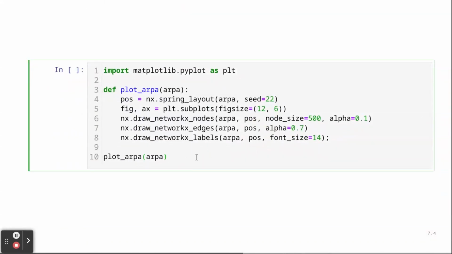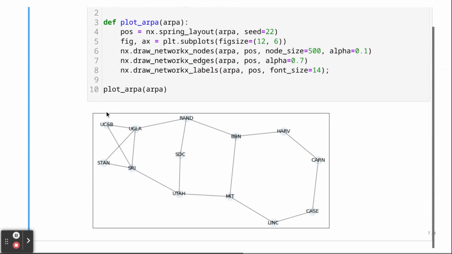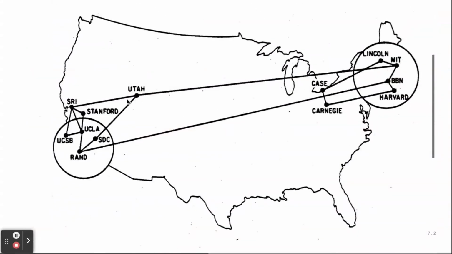We'll go ahead and use the NetworkX tools to visualize this. And we see here that we have the same structure. Now, things aren't placed at exactly the same location. For example, in this particular example, Utah ended up being a little bit lower than UCLA and about the same height as MIT, which, if we think about the geography of the United States, Utah would not be further south than UCLA or exactly even with MIT.